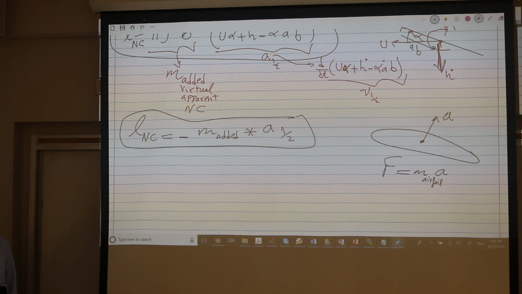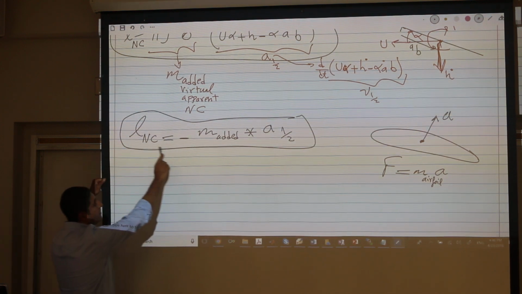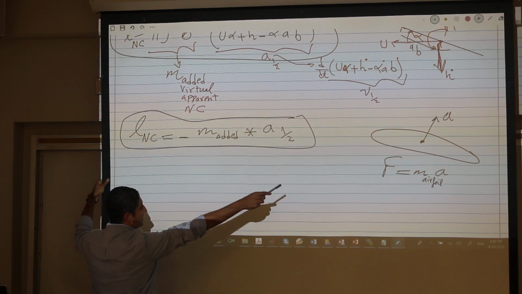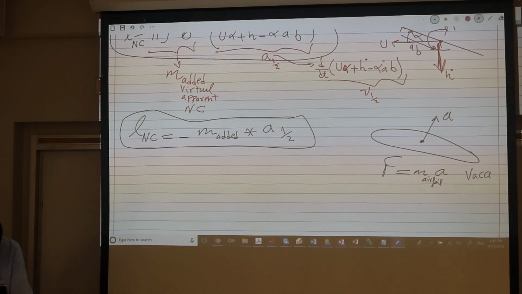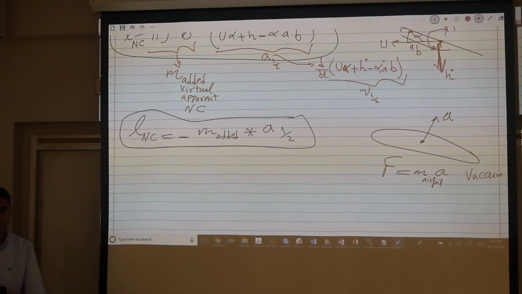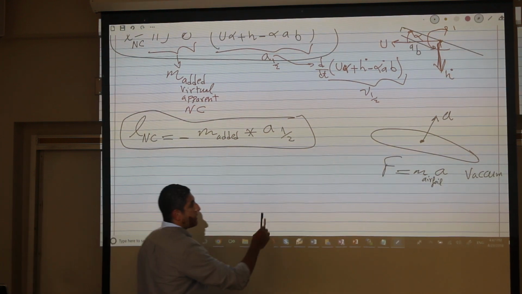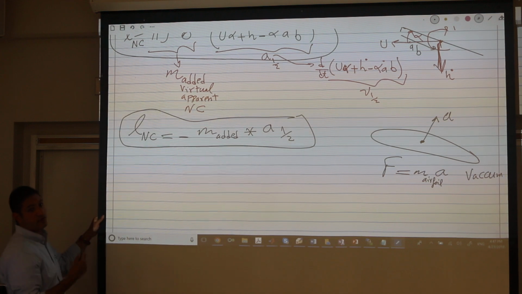If you want to move this in vacuum, this is exactly what you need to exert. But if you move it in air, the air will respond.